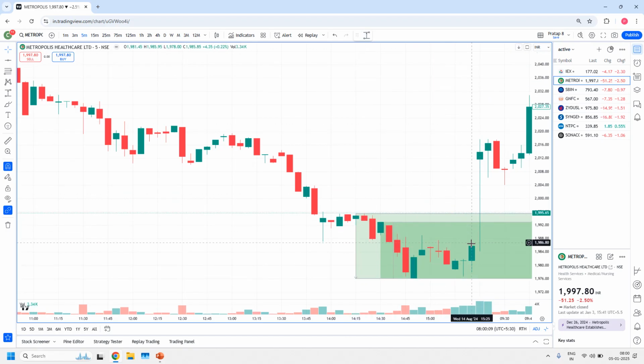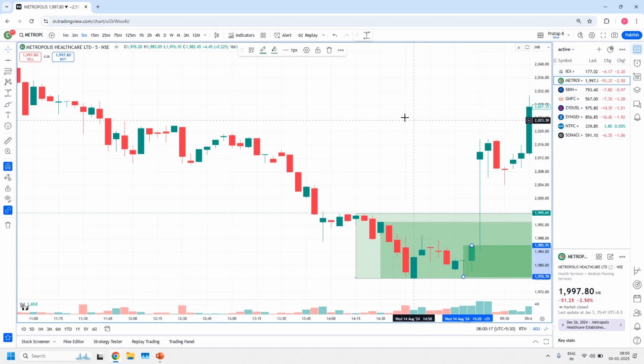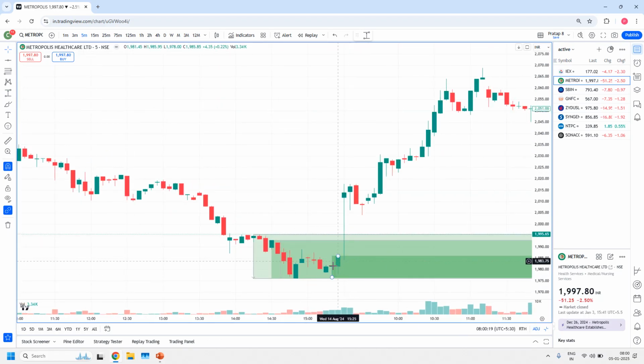Now we can draw a zone like this. This is the 5 minutes demand zone. See, this 5 minutes is inside the 15 minutes. The 15 minutes is inside the 75 minutes.